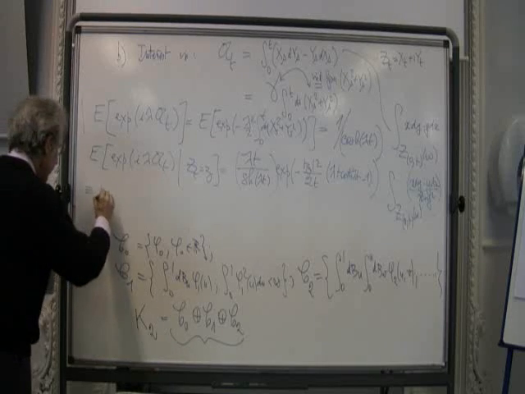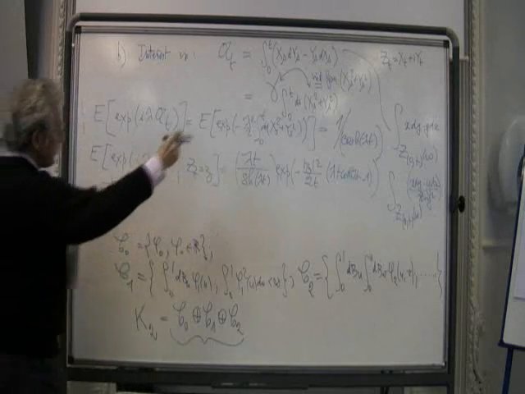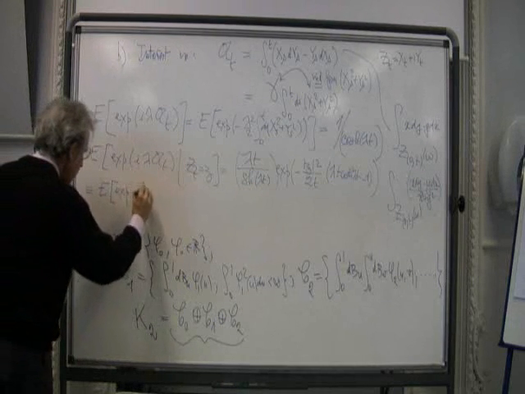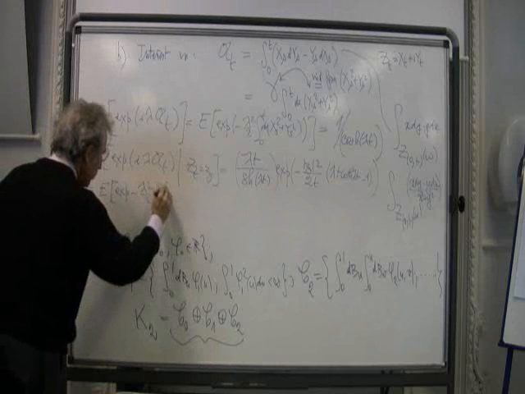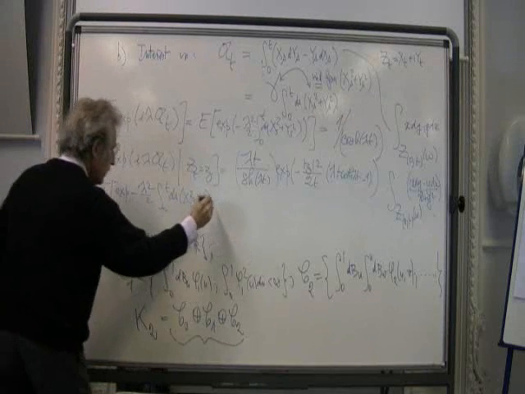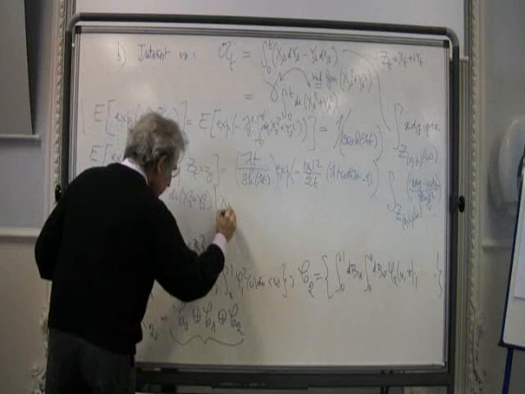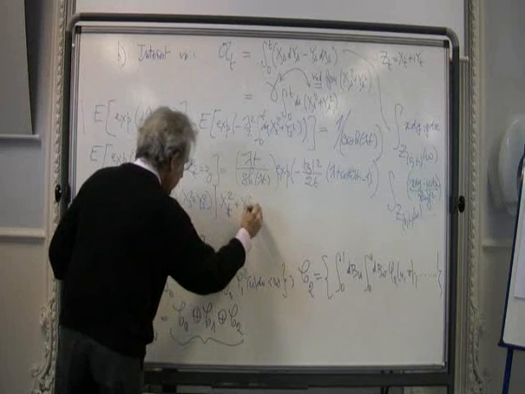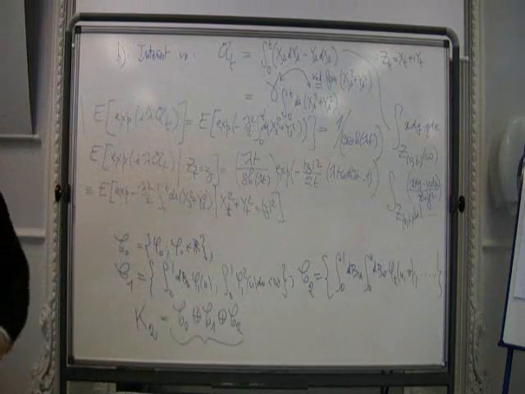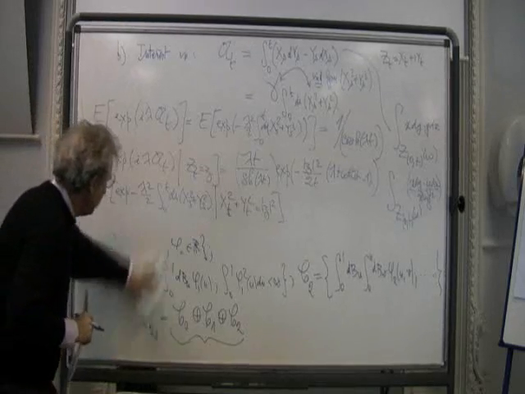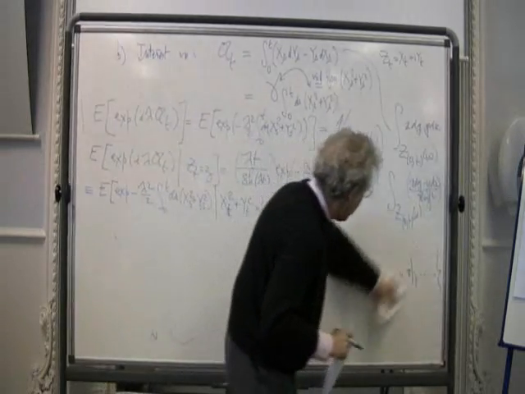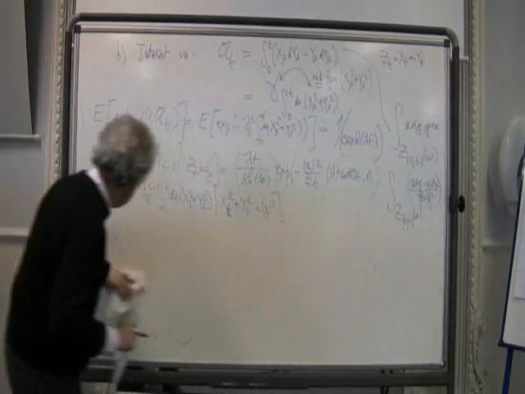In fact, again by rotational invariance, pushing this argument a little further, we get exponential of minus lambda squared over 2 times the integral from 0 to t of ds (X_s squared plus Y_s squared), given X_t squared plus Y_t squared equals the norm of z squared. Or even, in fact, we could say given X_t squared equals little x squared and Y_t squared equals little y squared.